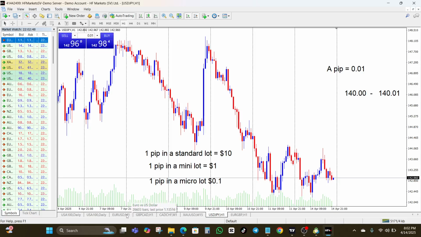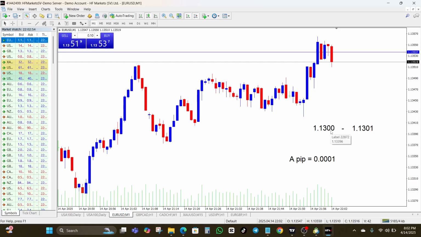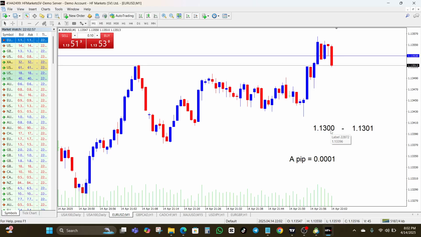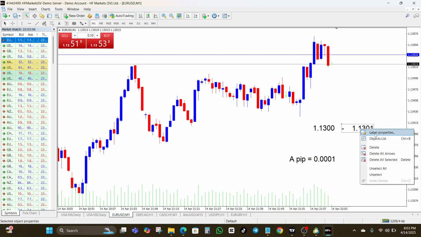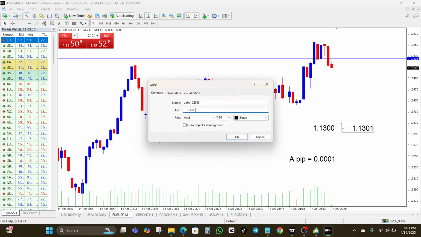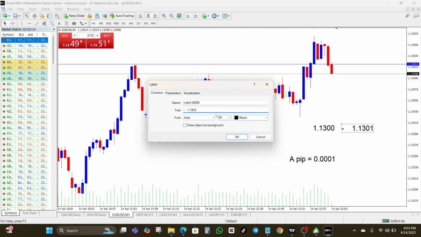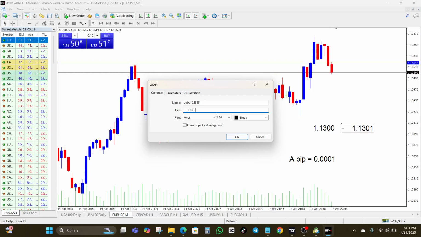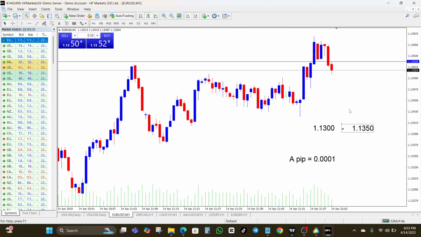Okay, so now for Euro USD, let's just say price moves from 1.1300 to 1.1350, for example.